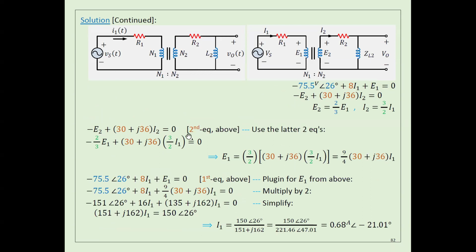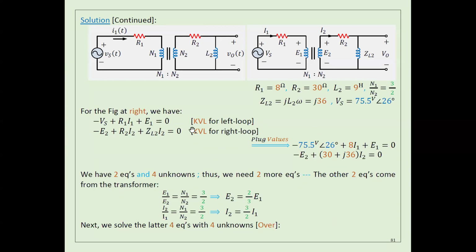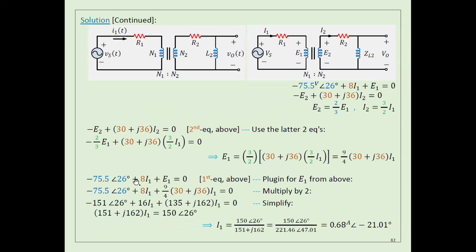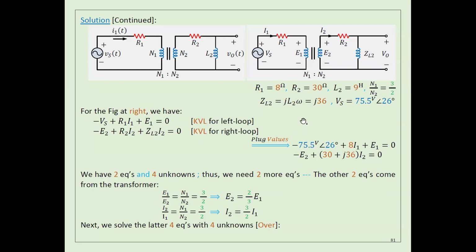So here I did this one for the first equation, which I got from Kirchhoff voltage law. I already have a second equation here. The first equation is already in I1 and E1, and the second equation was in I2 and E2.